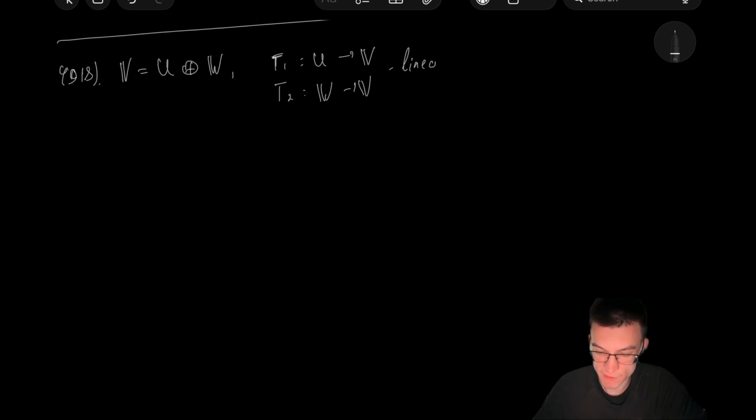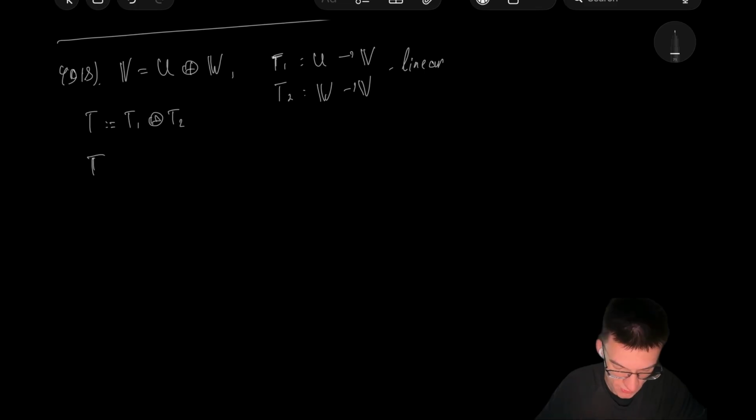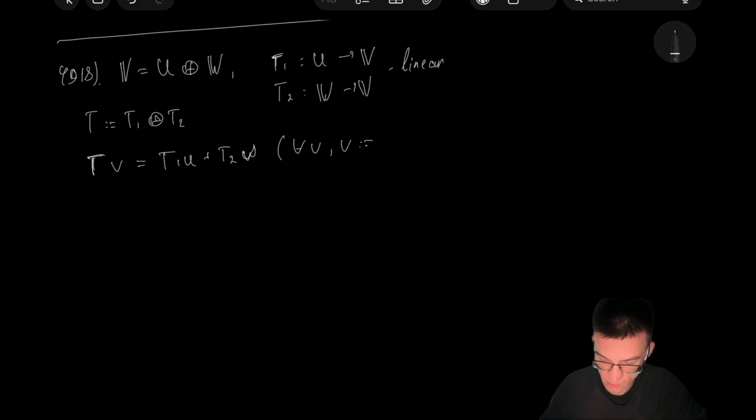It is given that these operators are linear. It is also given that we have operator T, which is the direct sum of T1 and T2, such that T takes vector v from the space V and decomposes it into the following structure: T1 u plus T2 w, given that any v from V can be represented as u plus w.